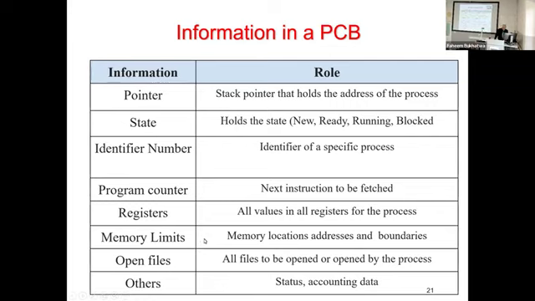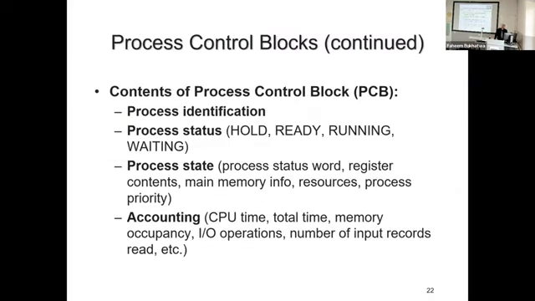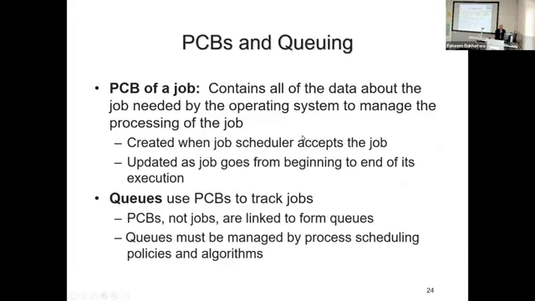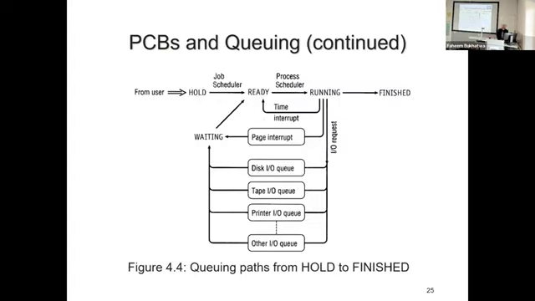Open files, what files are open, and what records you've read in each file, and so on. This is another diagram that shows pretty much the same, cycling around the states of a process.